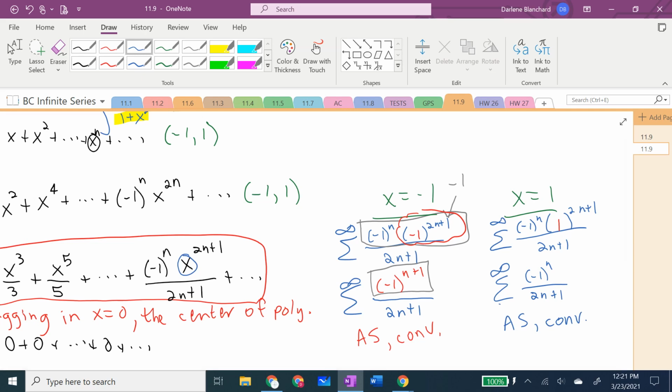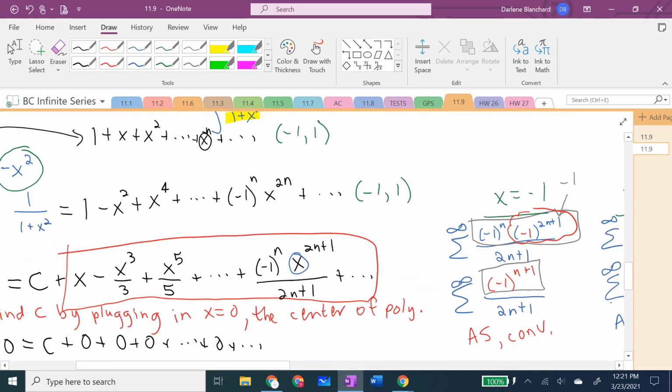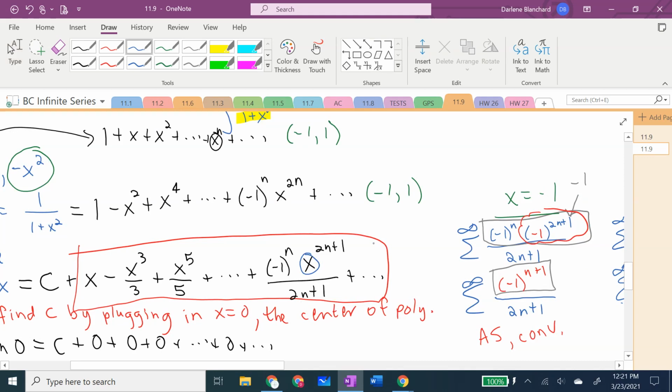So that means my final answer is what I boxed here, and then the interval of convergence is including endpoints.